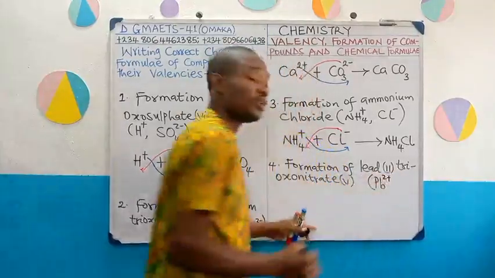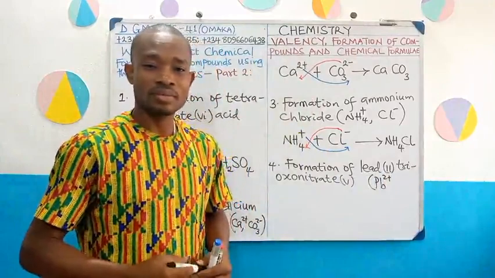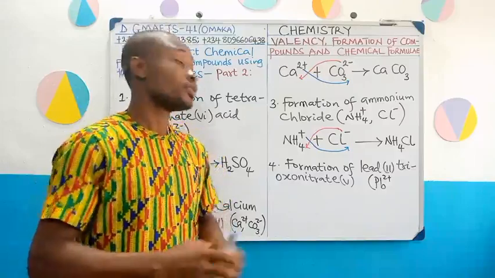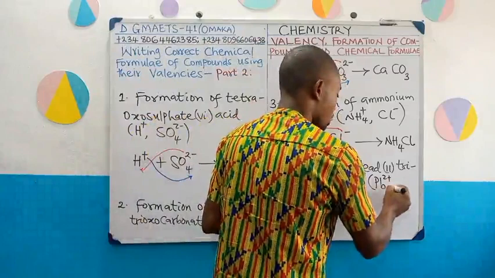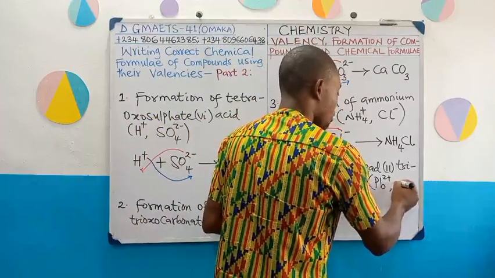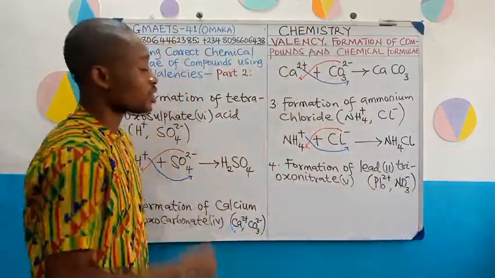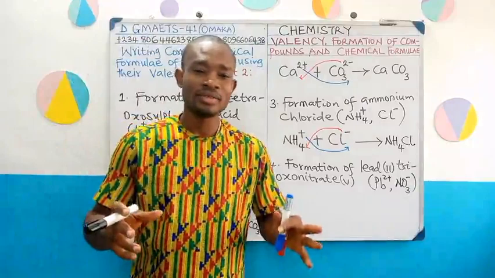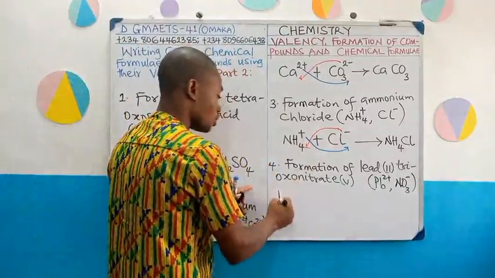The valency of lead is 2+ in most cases. Could also have it as 4, but in most cases it's 2. In this case it is 2. So we have Pb2+. And then the radical there is NO3-. That's the radical. So let us see how the combination leads to the formation of the compound and get to know the correct chemical formula of lead(II) trioxonitrate(V).